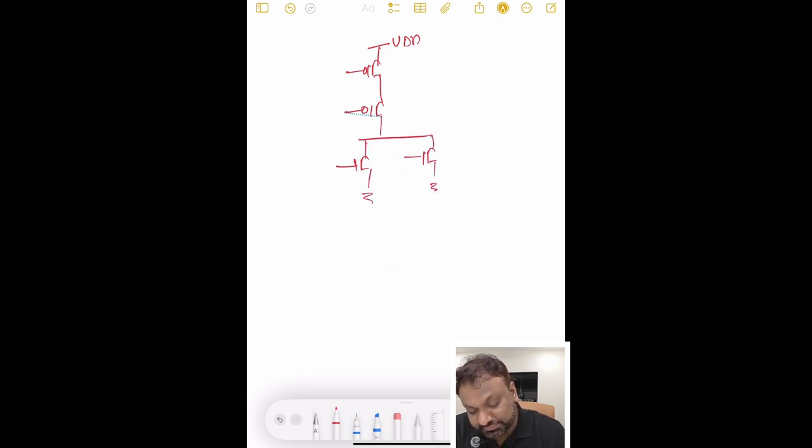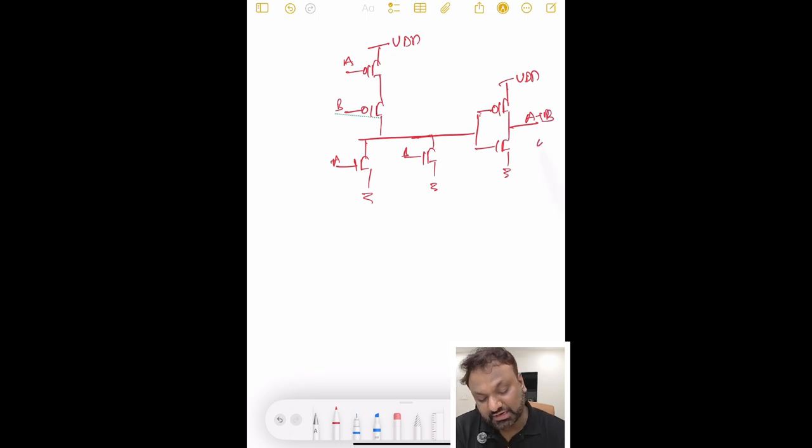You can see here, this is A, B, A and B. The output here is again connected to a CMOS inverter. This is again VDD, hence I will get an A plus B output here, that is the OR gate output. So this is how we implement the basic gates using CMOS logic family.